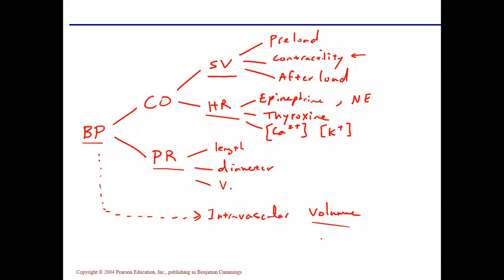If you have maybe damage to your blood vessels and internal bleeding somewhere, hemorrhage, for example, this is going to cause the volume to go low, and the pressure is going to be low because of the volume. In this case, diameter didn't change, viscosity didn't change, length didn't change. But it still is a factor, and it can affect blood pressure, as you can see.